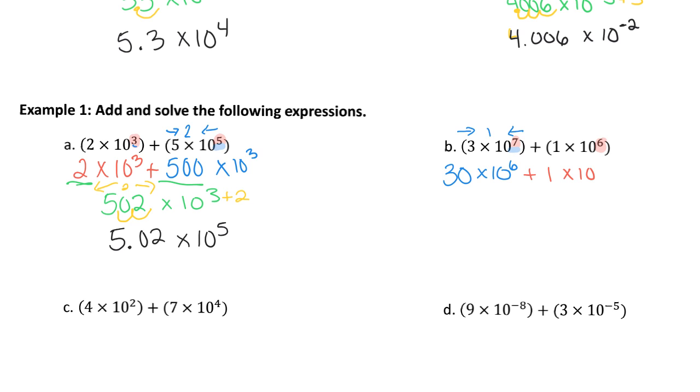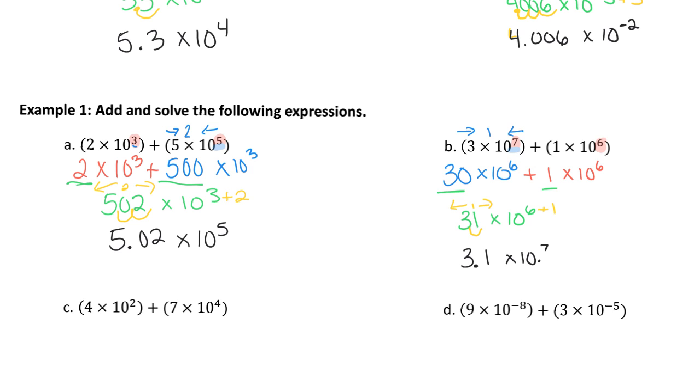Rewrite our second half. Add up our whole numbers. 30 plus 1 is 31. Keep our exponent. We're moving this once, so it's getting moved out once. That means we add a 1 there, which means our answer is 3.1 times 10 to the 7th.